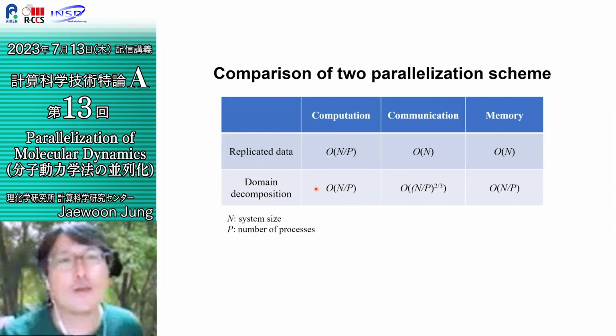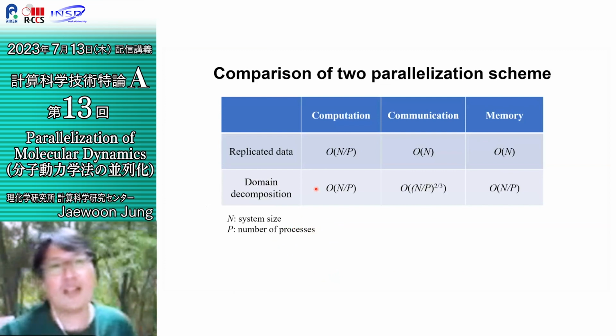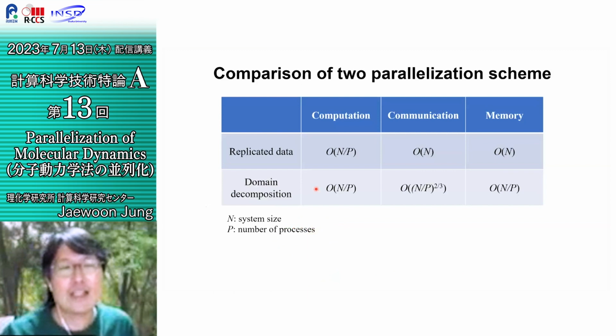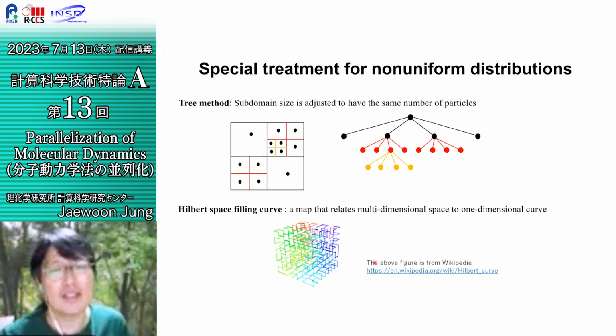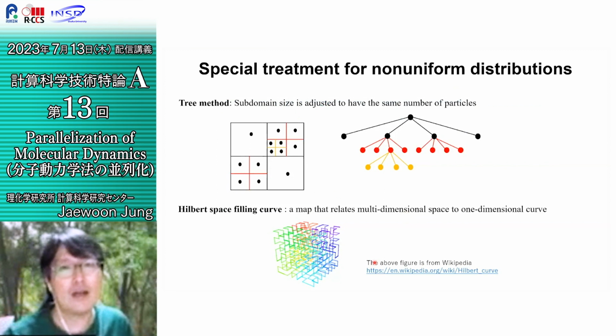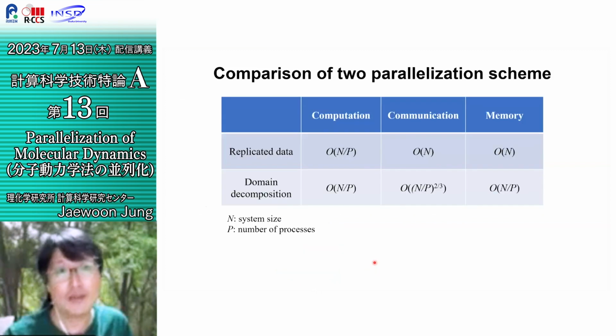Anyway, my point here is not this kind of tree method or Hilbert space filling curve. So please forget this in this presentation, and please consider uniform particle distribution. Here I explained the two schemes, replicated data and domain decomposition.